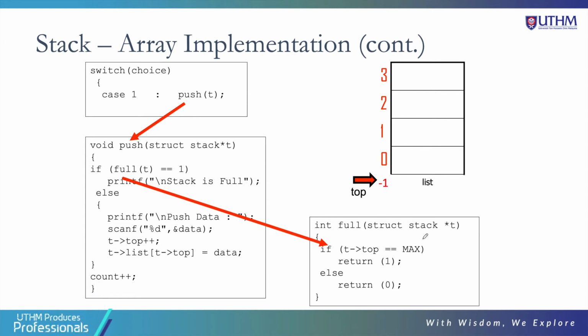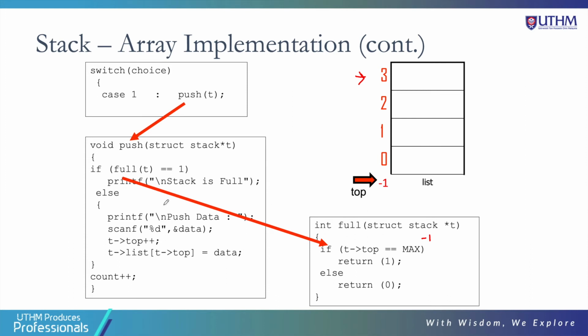Okay, max minus 1, meaning that here. If t top equals 3, it will return 1. But currently the top is pointing to -1 because just now we already created an empty stack.